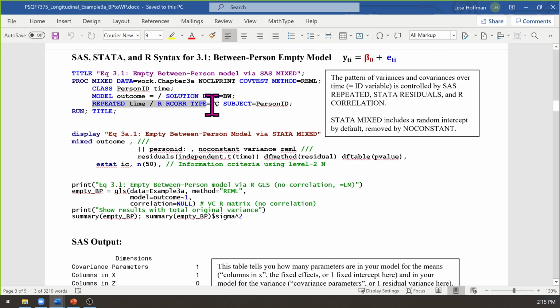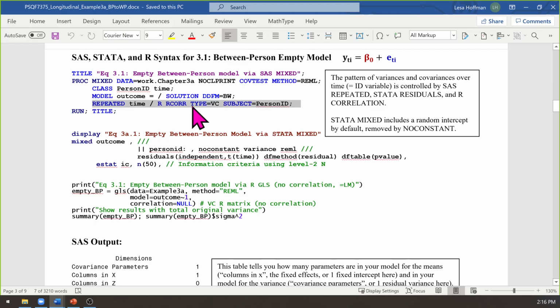The repeated line is how we tell SAS how the data are structured, which rows go with the same person. So in this case, time is the level 1 ID variable. It's just time 1 versus time 2. And person ID is the level 2 variable that organizes which rows belong to the same person. R and R core are requests to print what the model predicts the variances and covariances across time are going to be.